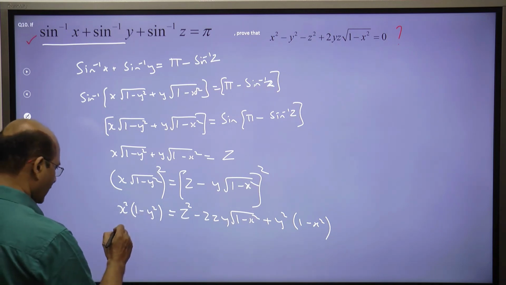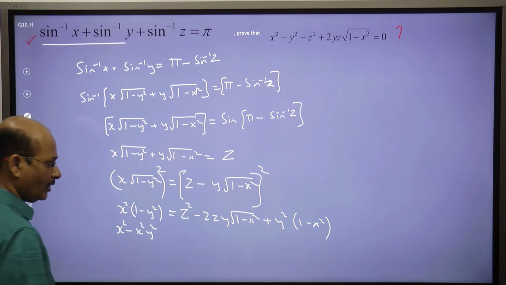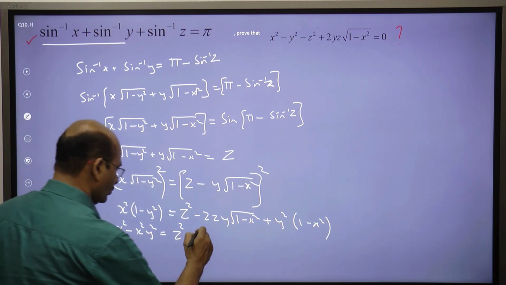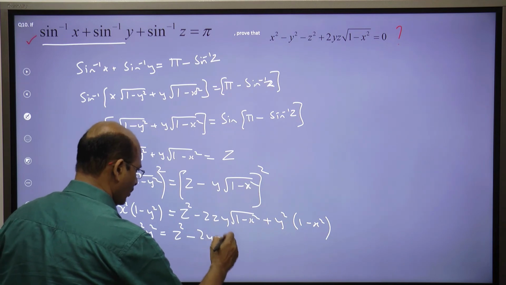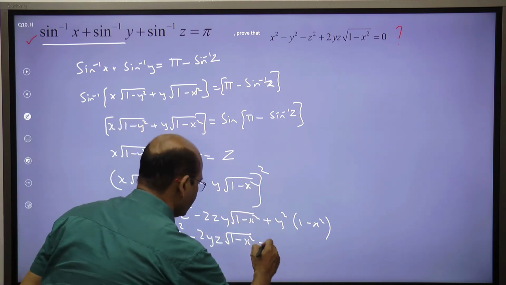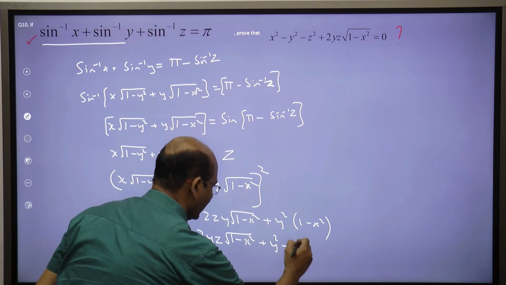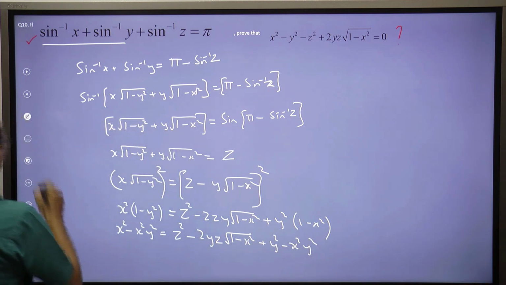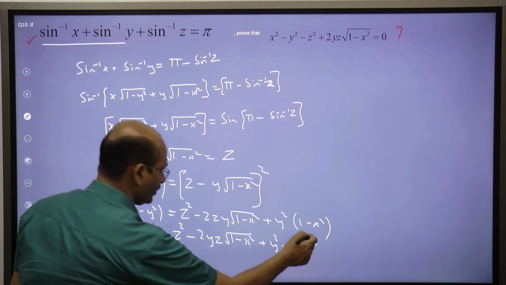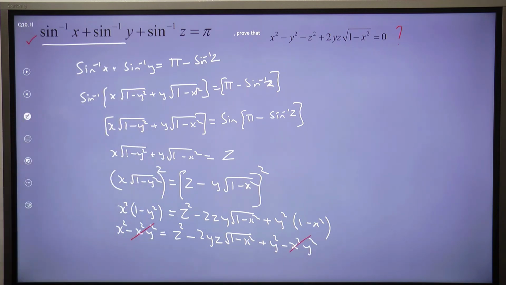I can open this up. This will become x square minus x square y square is equal to z square minus 2yz root of 1 minus x square plus y square minus x square y square. Now I cancel this out: minus x square y square and minus x square y square cancel. My job is over, because that's what they are asking.